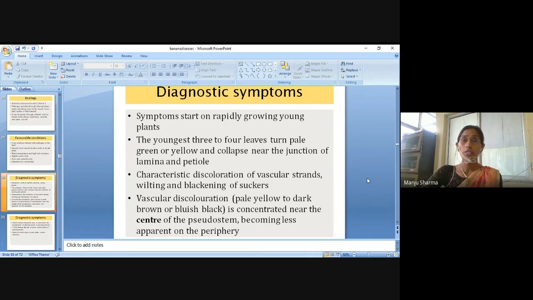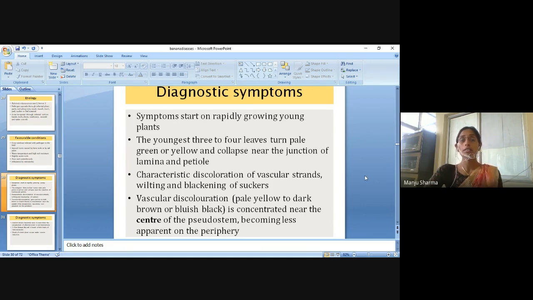Their diagnostic symptoms: symptoms start on rapidly growing young plants. The youngest 3 to 4 leaves turn pale green or yellow and collapse near the junction of lamina and petiole.